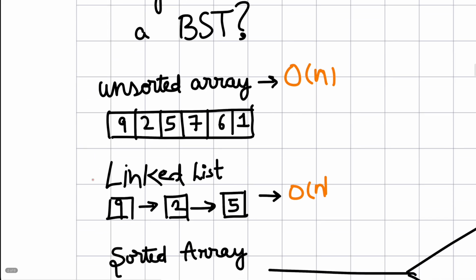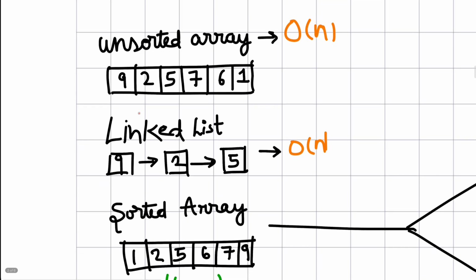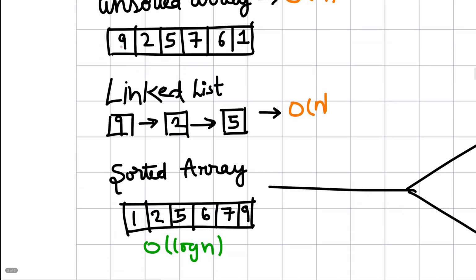And the one difference that will make is, if you sort this array, you can use binary search on it, and that's a great intuition to start with. If you sort this array 9, 2, 5, 7, 6, 1, it will become 1, 2, 5, 6, 7, 9. So finding in a sorted array is way easier, and it's way time saving.